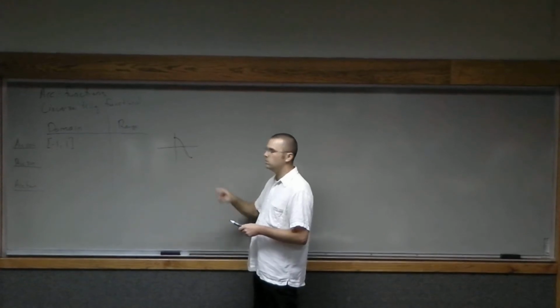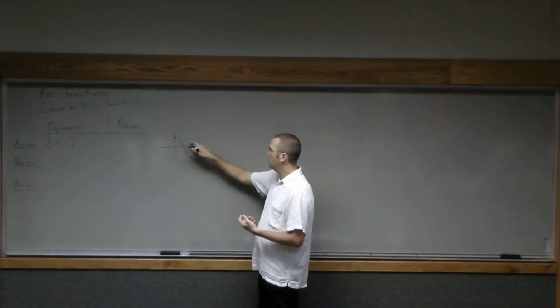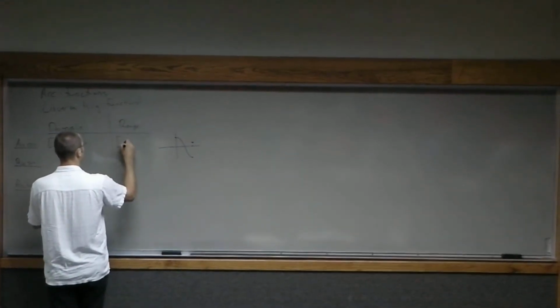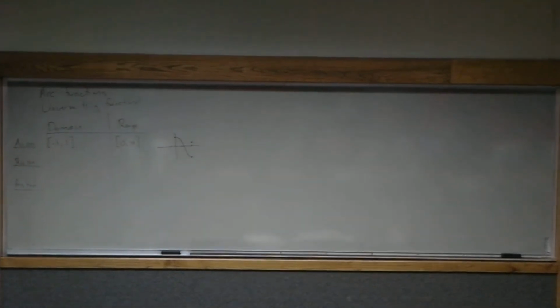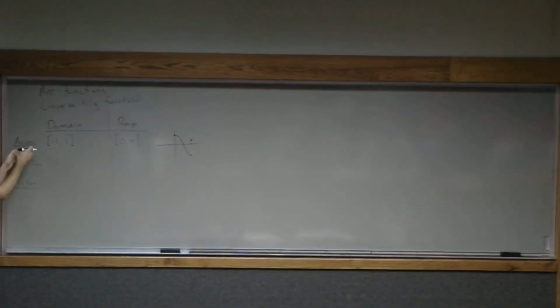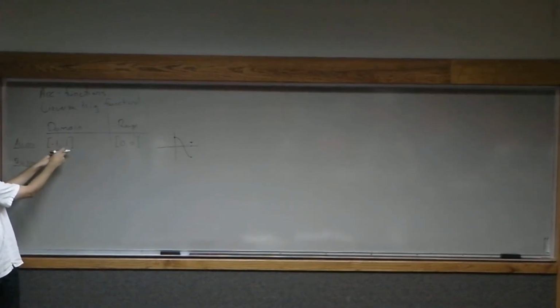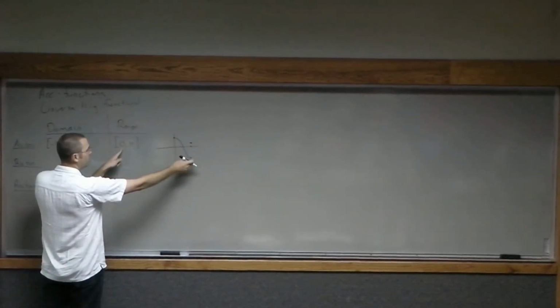What are the x values that go along with this picture? We go all the way from 0 up to pi. So our range here for the arc cosine is from 0 to pi. Again, remembering that the arc cosine takes values between minus 1 and 1 as inputs, and it spits out an angle between 0 and pi.